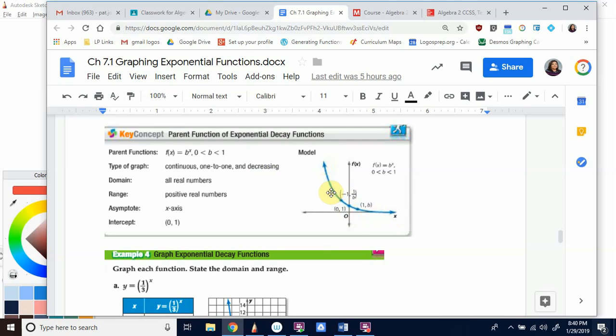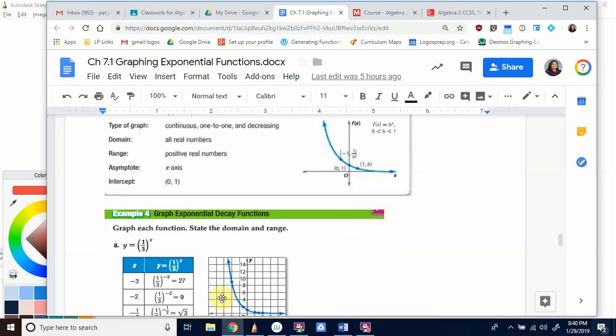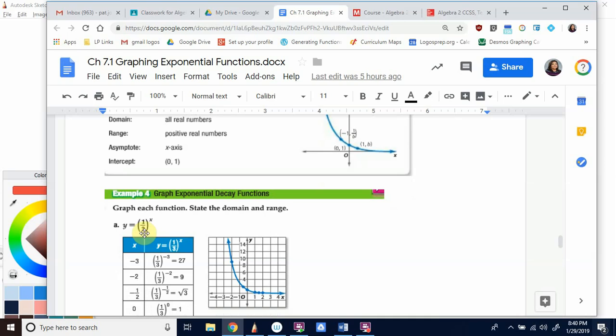The range is still y greater than 0, and the asymptote is still y equals 0, and the intercept is still (0, 1). And if you notice, we have the same points: (-1, 1/b), (0, 1), and (1, b). So let's look at the parent function. This is still another parent function, but it's a decay because b is a proper fraction between 0 and 1.